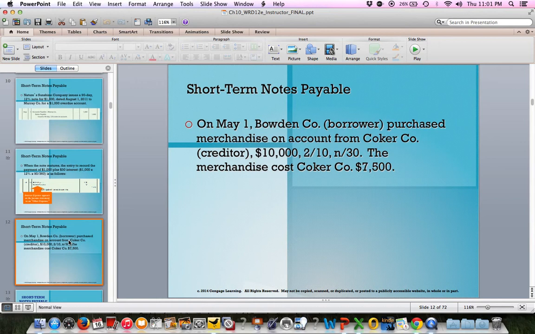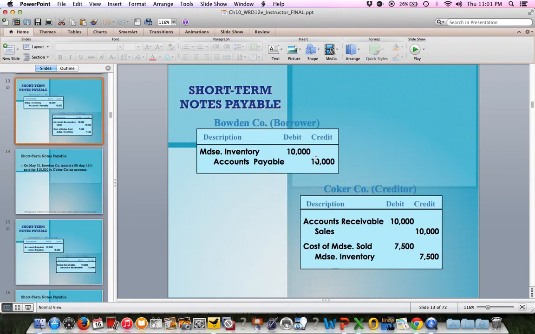Okay, so those are basically the repayment terms. For Bowden, they bought the merchandise, and they have a $10,000 payable, and if they pay that within 10 days, they can take 2% off the bill, or the net amount is due within 30 days.